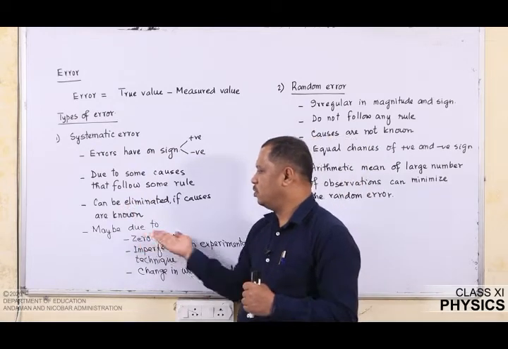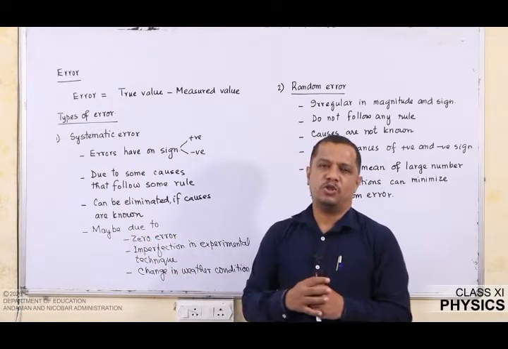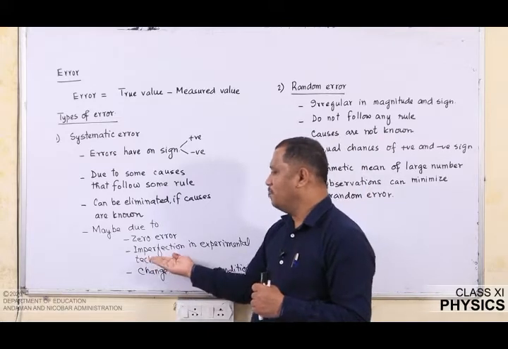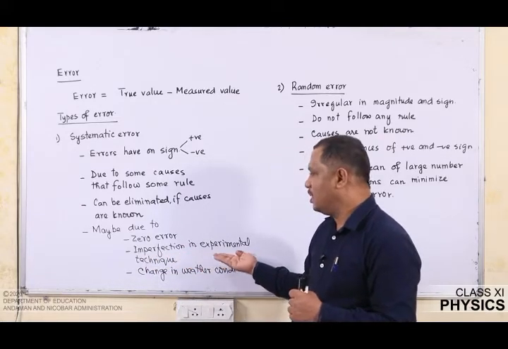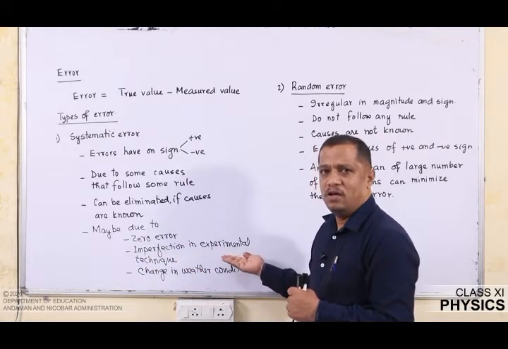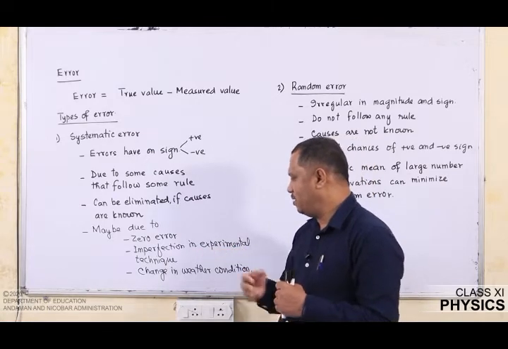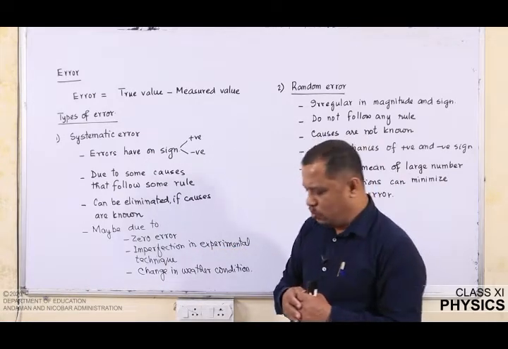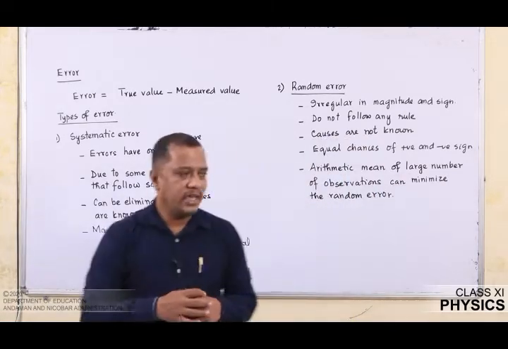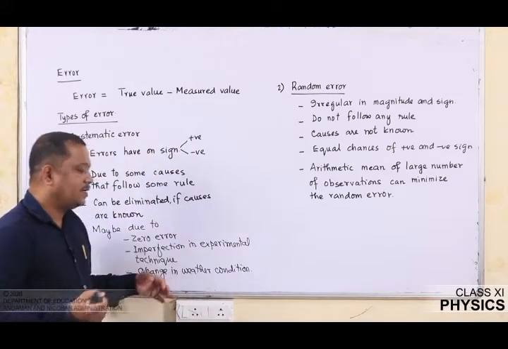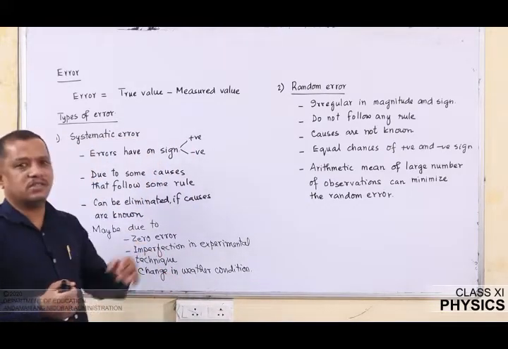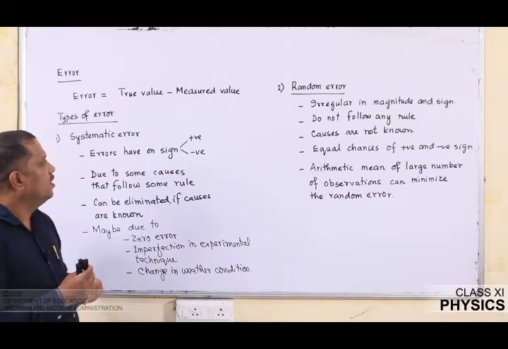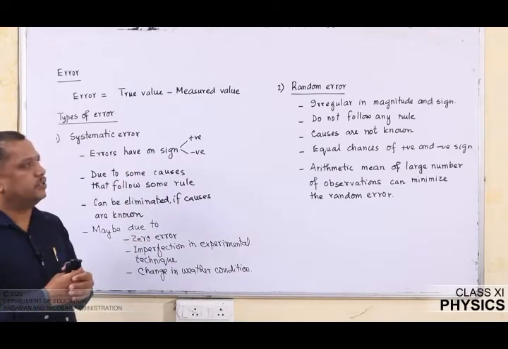The errors may be due to zero error of your instrument, or otherwise imperfection in setting up the experiment or in experimental technique, or otherwise when you do the experiment there may be change in the weather conditions. So like temperature, pressure, these weather conditions may also cause error in the observed value.